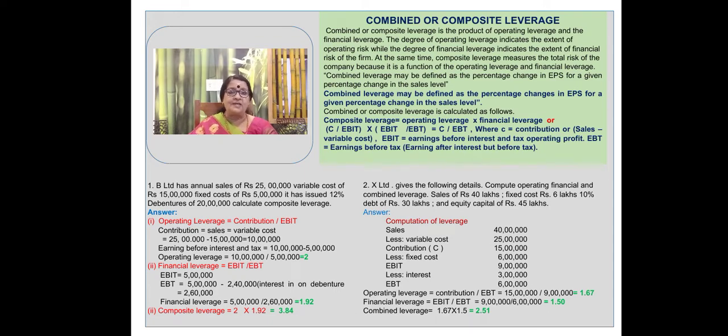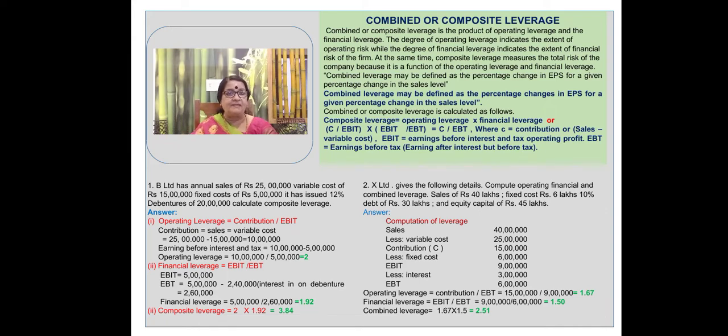Contribution divided by EBT. C divided by EBT is the summarized equation for finding the combined leverage. Or we can find financial leverage and operating leverage separately and multiply them, then also we get the combined leverage.